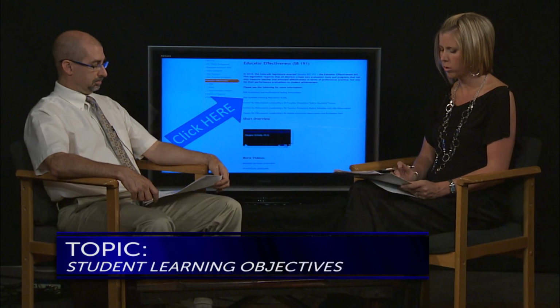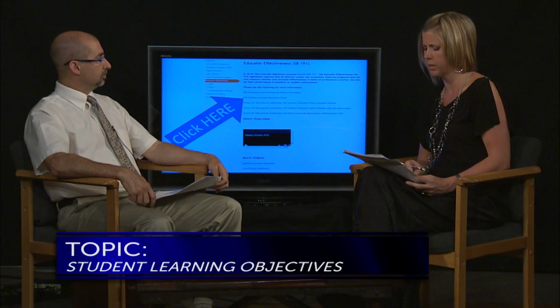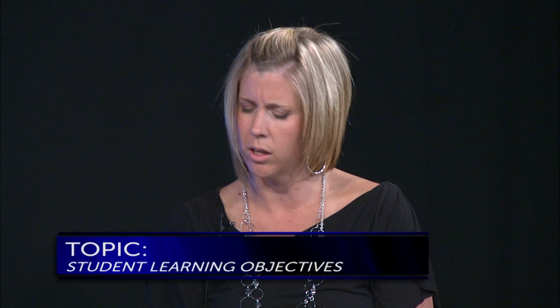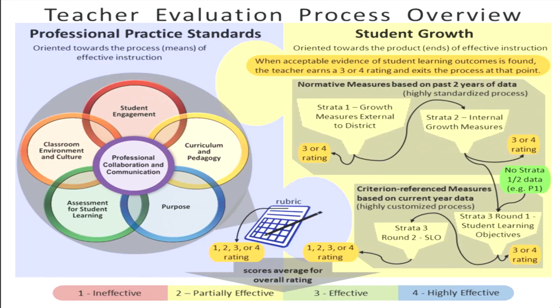And for teachers to make some connections here, where does an SLO fit within the overall teacher evaluation process? Thanks, Kate. I'm going to point our attention to this slide. The overall evaluation process under Senate Bill 191 has become a little more complicated. There are basically two big pieces to the puzzle.